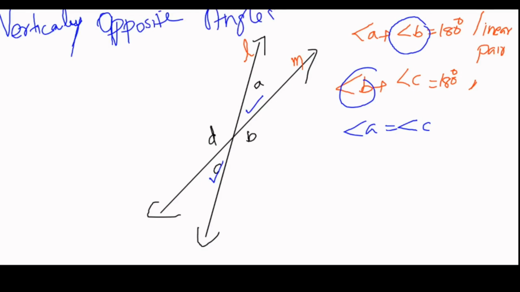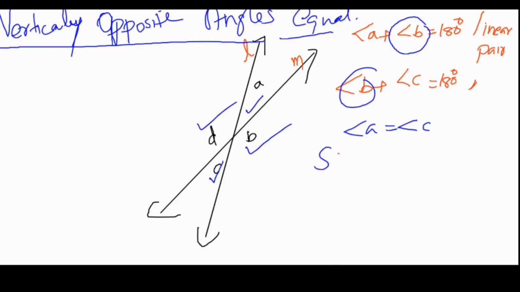Understood? So this is another pair of angles which are formed when two lines intersect at a point. Two pairs of vertically opposite angles are formed, and they also will be equal.